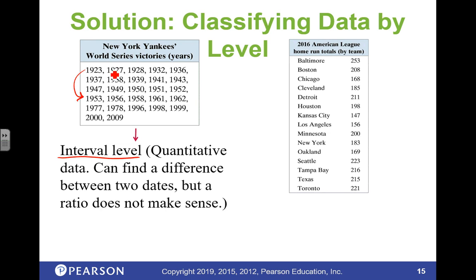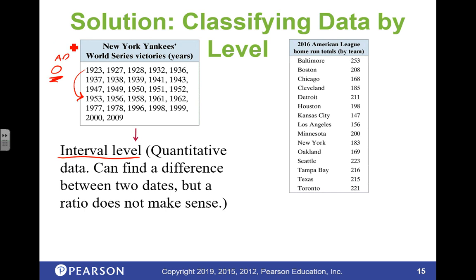But there's no real significance of zero. If we say zero, yeah, that's zero at some point, but also in our way of keeping up with years, that's just AD.